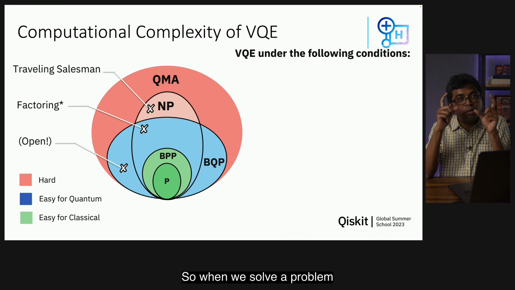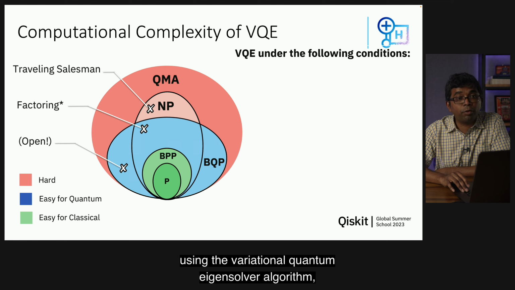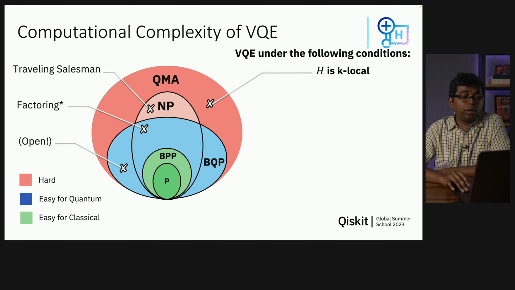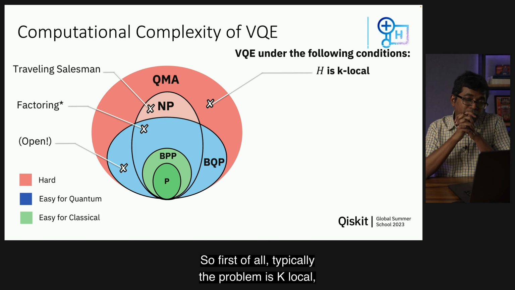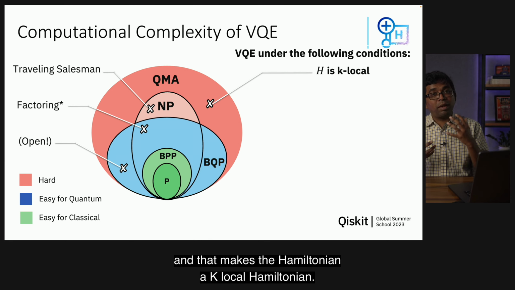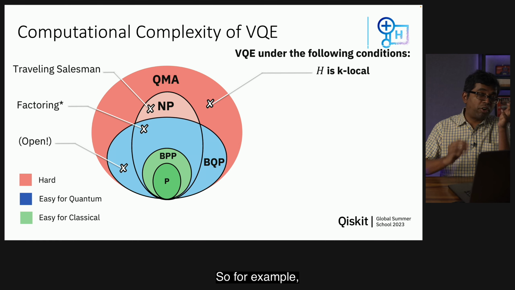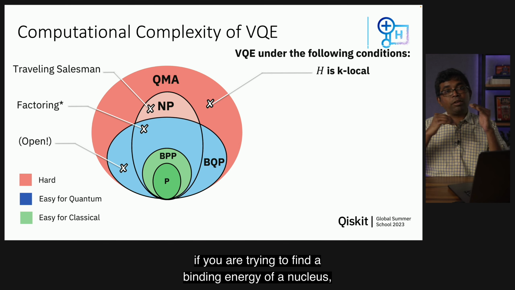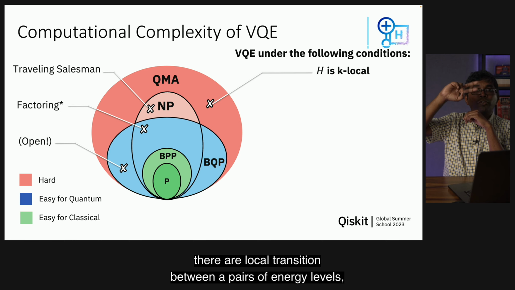So when we solve a problem using the variational quantum eigensolver algorithm, let's see where the problem lies. First of all, typically the problem is k-local, which means that there are local structures in the problem, and that makes the Hamiltonian a k-local Hamiltonian. For example, if you are trying to find the binding energy of a nucleus, there are local transitions between pairs of energy levels.